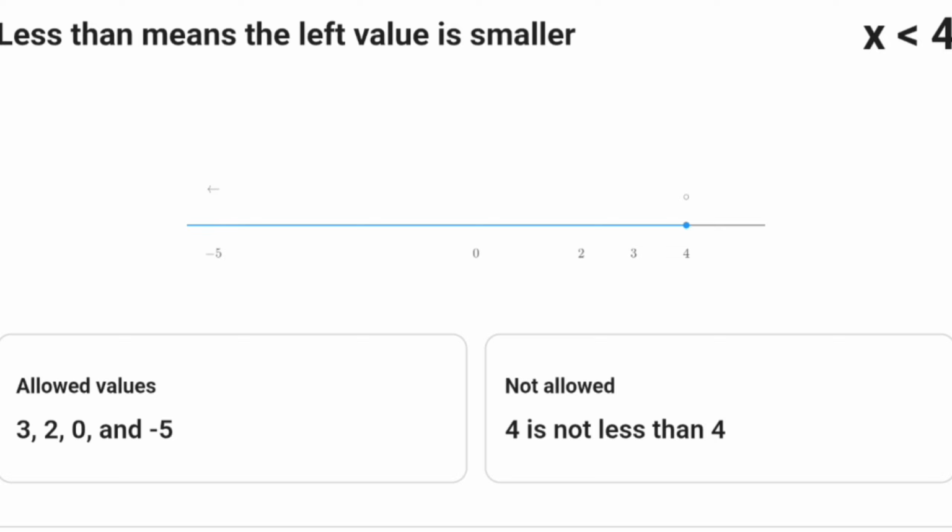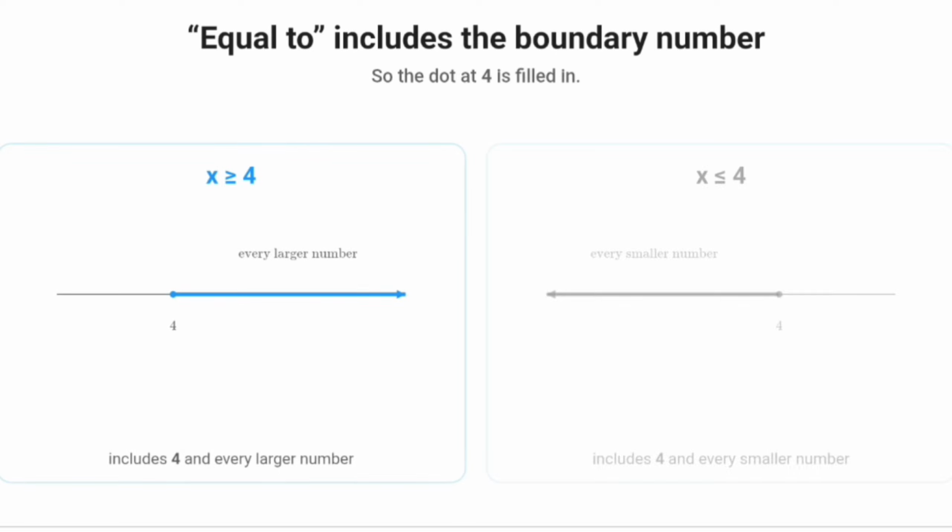So the statement x < 4 allows numbers such as 3, 2, 0 and negative 5, but it doesn't allow 4. The symbols greater than or equal to and less than or equal to include the boundary number. So x ≥ 4 includes 4 and every larger number, while x ≤ 4 includes 4 and every smaller number.